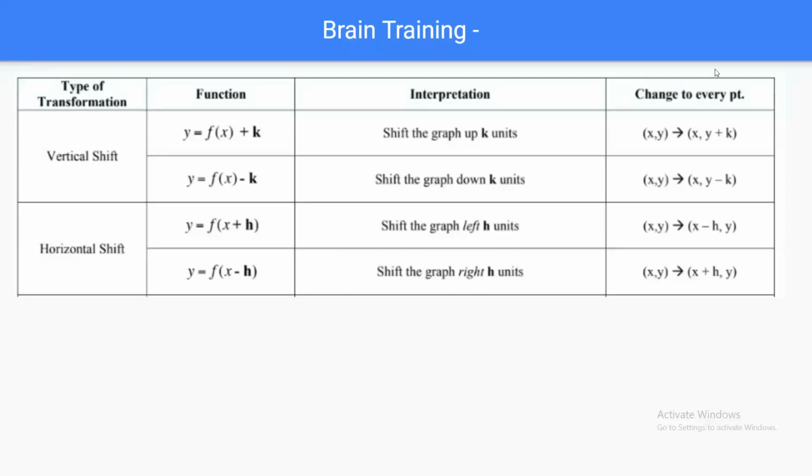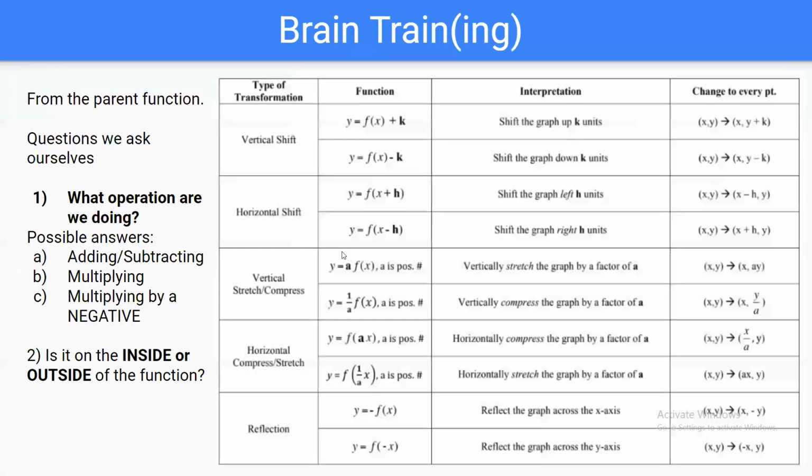So hi everybody. Remember last class we talked about this, right? And we were training your brain to think about two questions. Whenever we see a transformation, what operation are we doing?